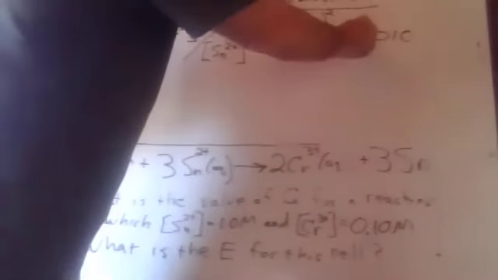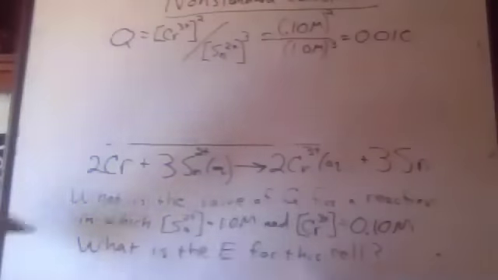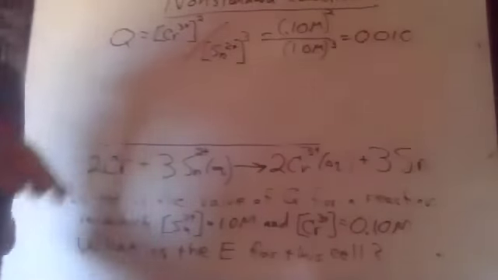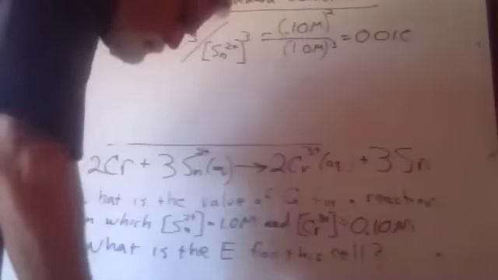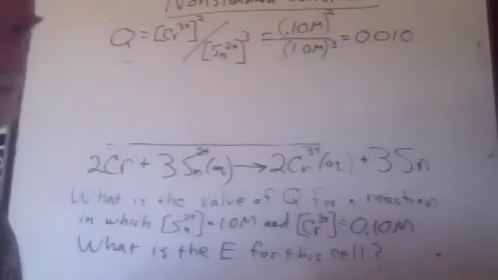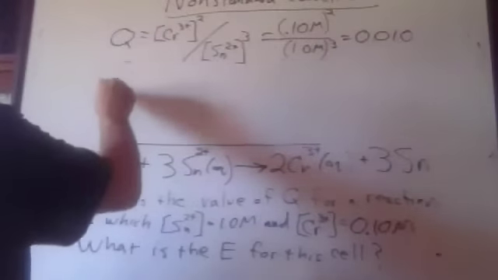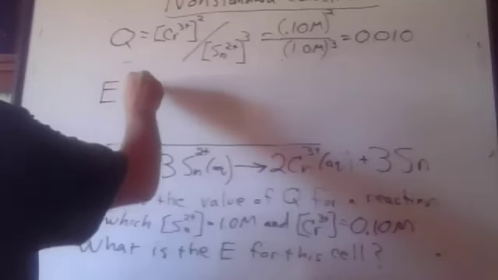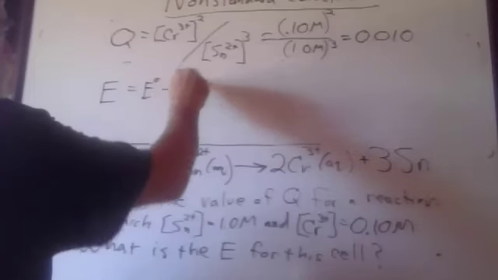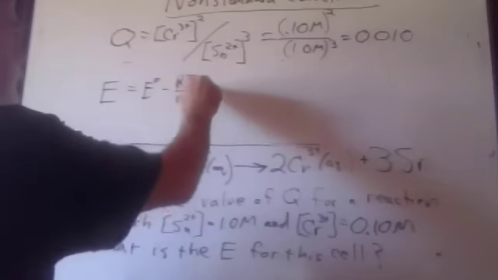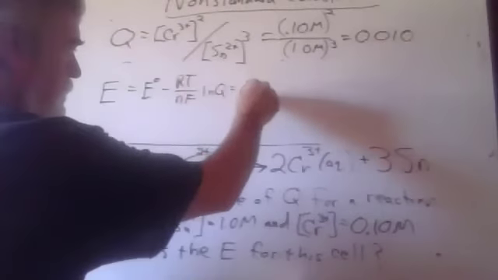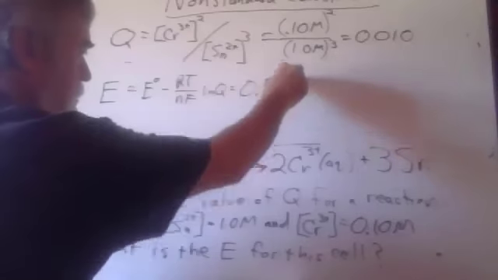Okay. Now we have everything we need to calculate E. We can use that value that we did in the standard example, where we came out with 0.59 for the E0. So we'll use the Nernst equation with that. E equals E0 minus RT over nF, natural log of Q, which in this case is 0.59 volts.